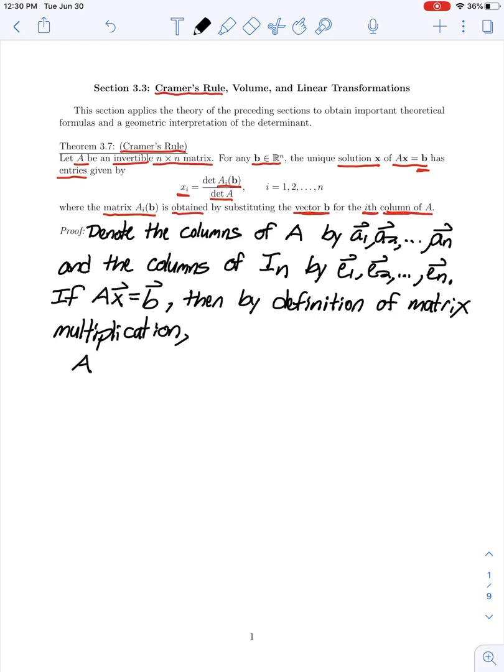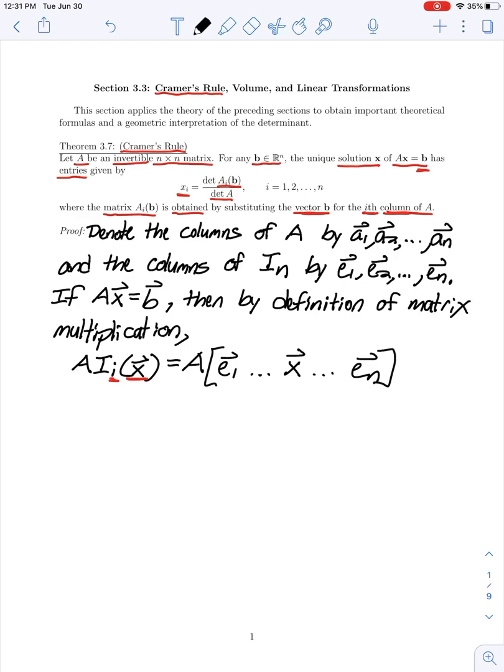If I were to take the product of the coefficient matrix A with the matrix I sub i of x, that is the matrix that I get by replacing the ith column of the identity matrix by the vector x, that would be defined as the matrix A times E1, E2, and so on, up through my ith column, which I'm replacing by this vector x, which is the solution that I'm after, and then the remaining columns of the identity matrix up through En.